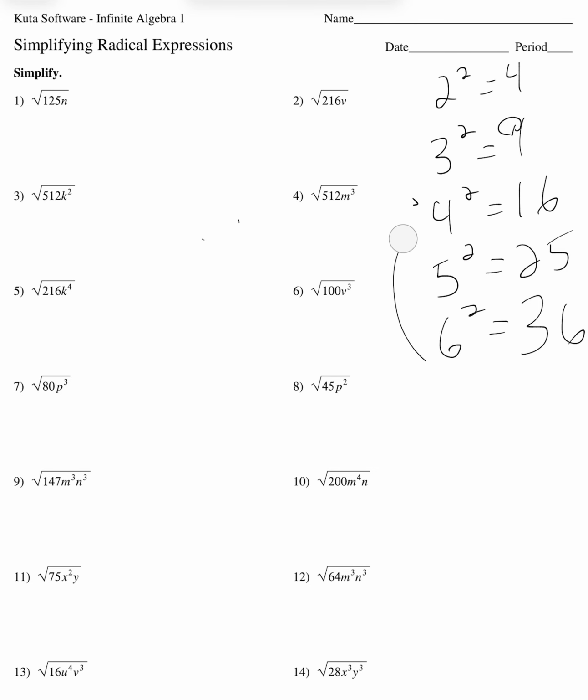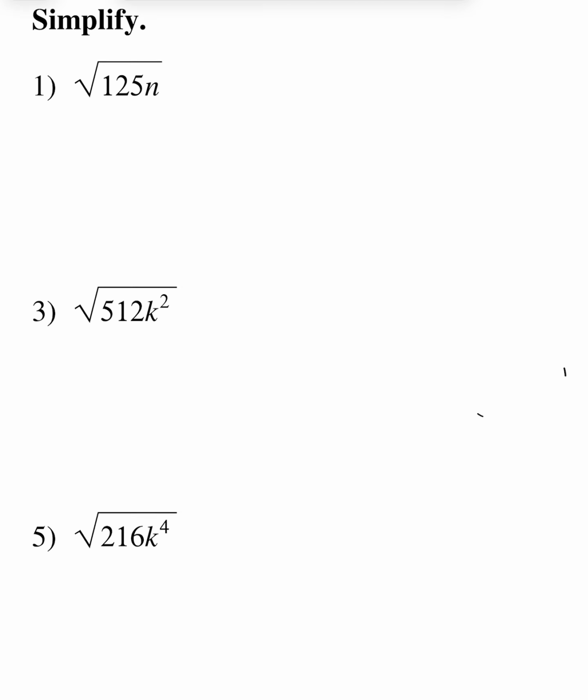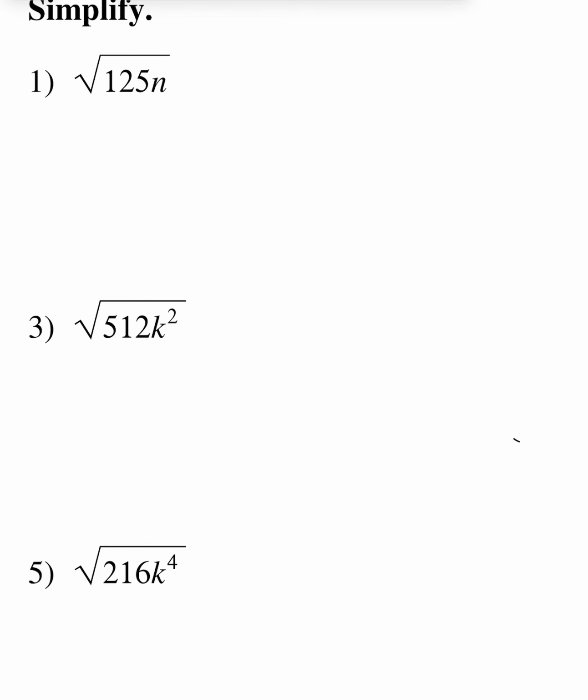Well, the first thing that jumps out to me is 5 squared is 25. And I know that 25 goes into 125. So we can separate this out and say, let's call it the square root of 25 times the square root of 5, right? Because 25 multiplied by 5 is 125.